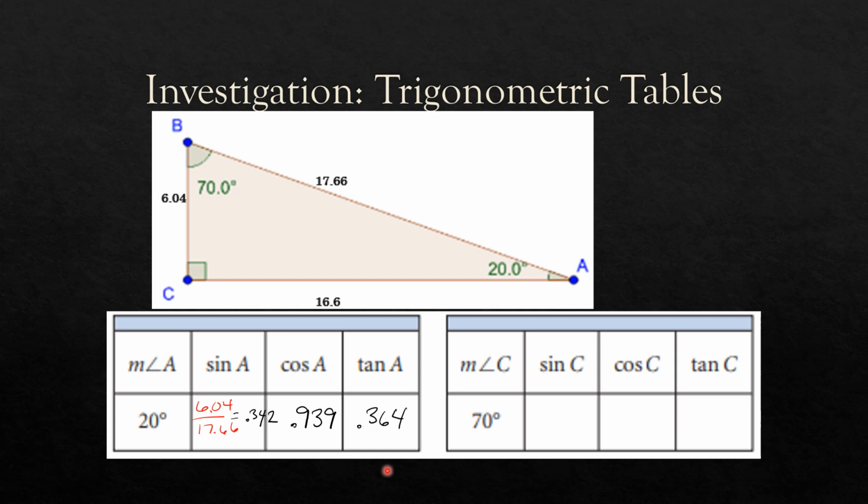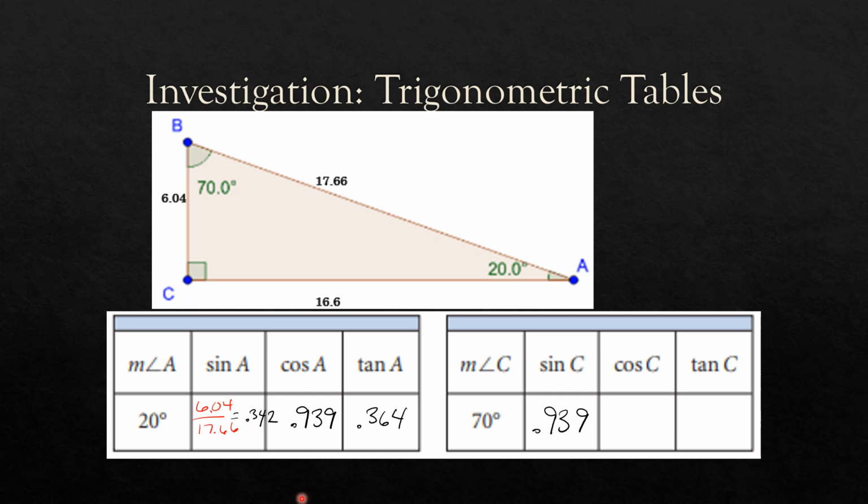Now, when I go over to my 70-degree angle, the opposite and the adjacent switch numbers, right? Because the names switch because I've moved over, so my adjacent is now this close one. Sine would then be 16.6 over 17.66. That would be 0.939.